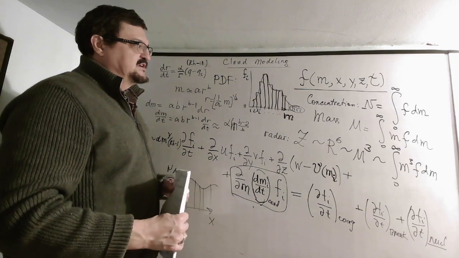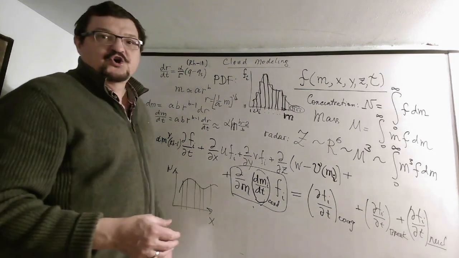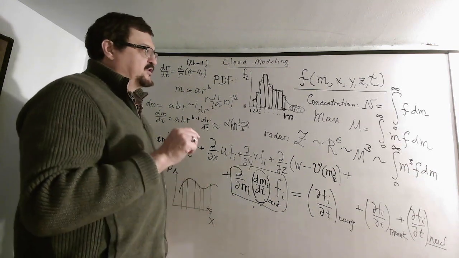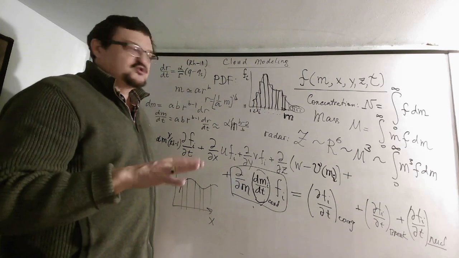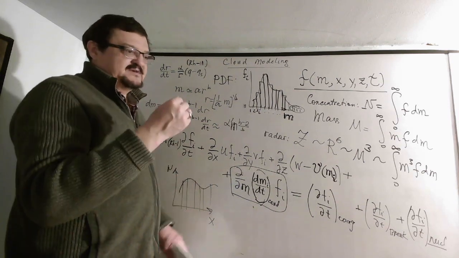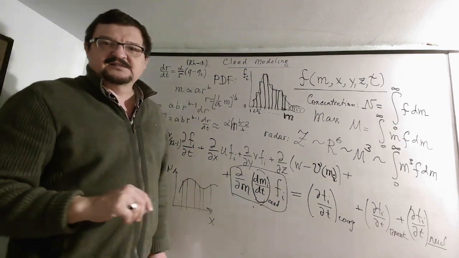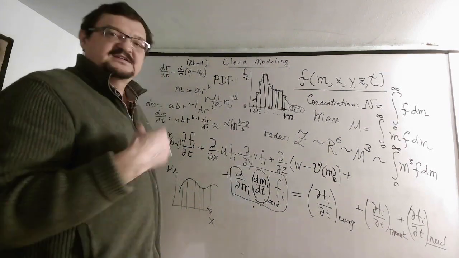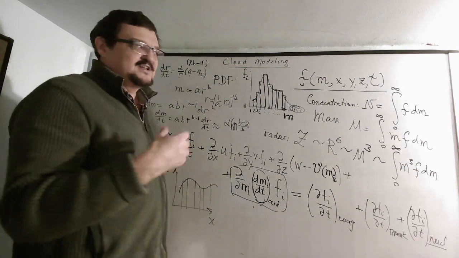So what you need to know here is the so-called collision kernel. There are laboratory measurements of those kernels. They basically put, under a microscope, very small particles colliding and see the probability of them merging or colliding.